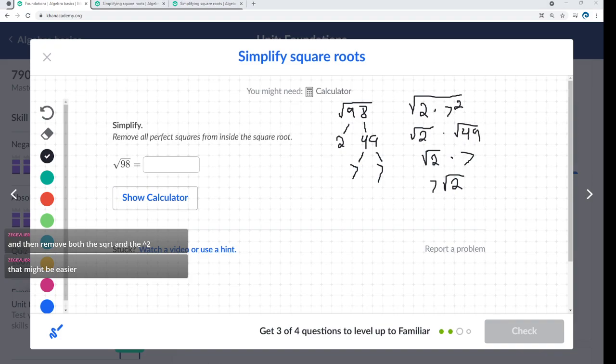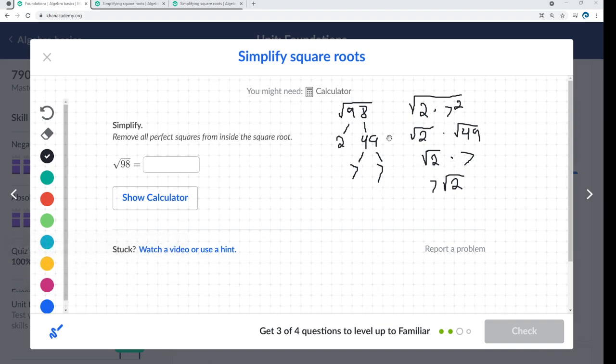You mean just write this? You don't have to write out the 49 again. Oh, that makes sense. 7 times 2. I don't know why I do that. I guess I'm doing every single step, and maybe I don't need to do all that.